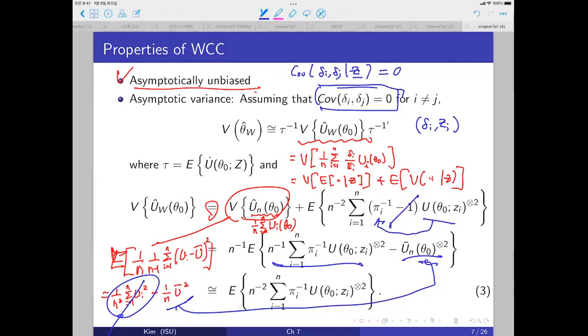IID. So this is actually a better way to understand. Okay. So we allow delta and Z to be correlated, but across different i, they should be independent.